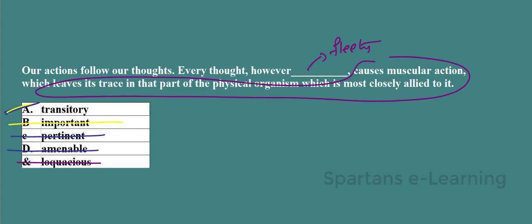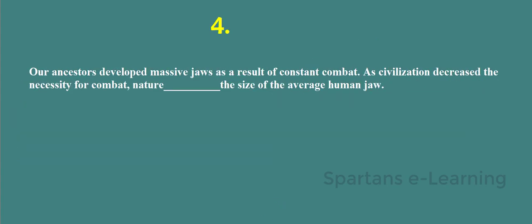Now let us solve our next question. The question says, our ancestors developed massive jaws as a result of constant combat. As civilization decreased the necessity for combat, nature dash the size of the average human jaw. Here the punctuation is important, because while you read you will understand.